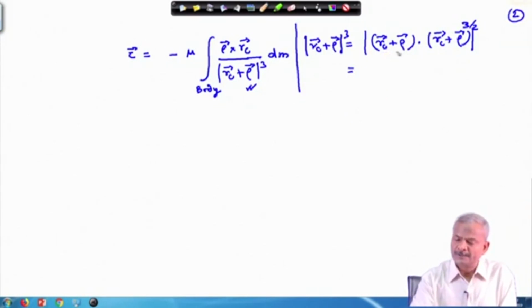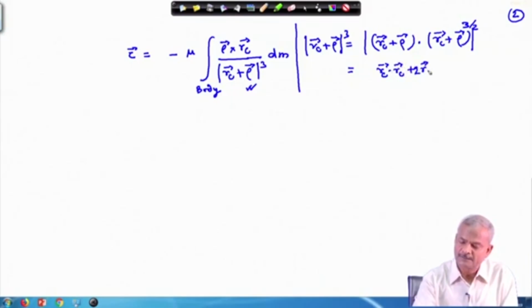Because I am taking a square term here, this is the dot product, so this becomes a square and therefore I must divide this 3 by 2. And then break this bracket. So, this will be R c dot R c plus 2 times R c dot rho plus rho dot rho.